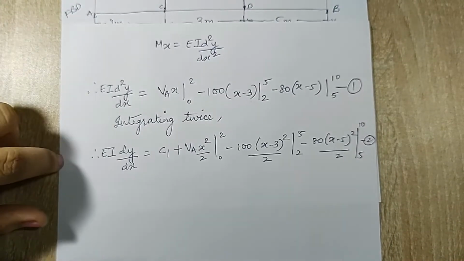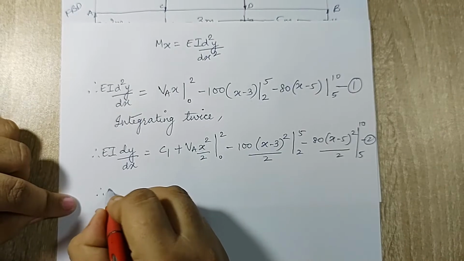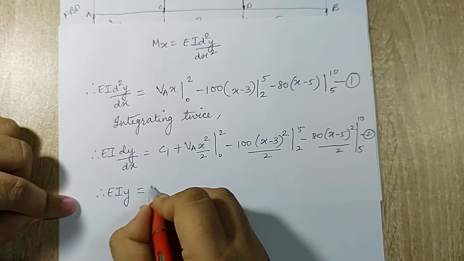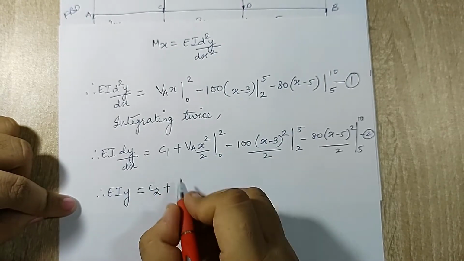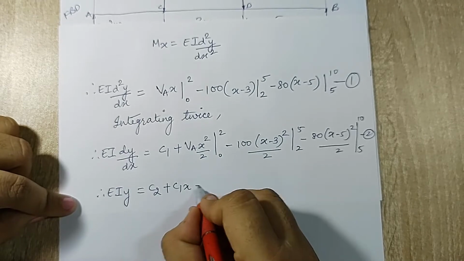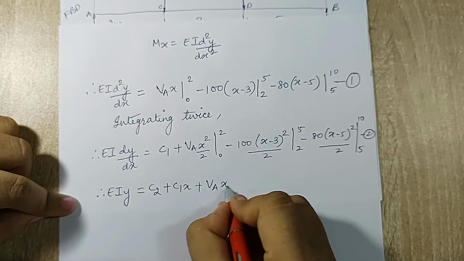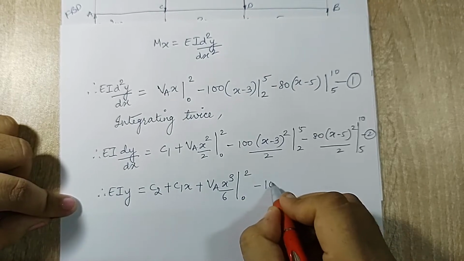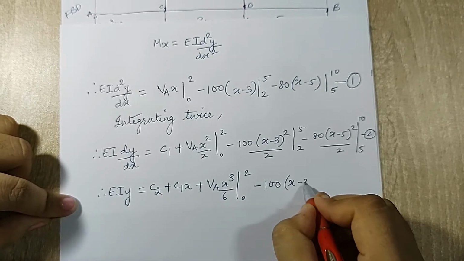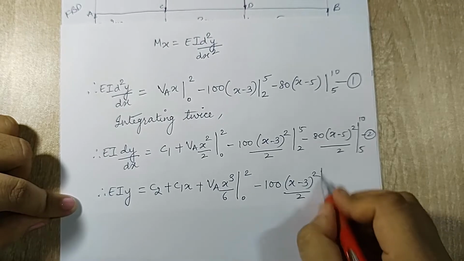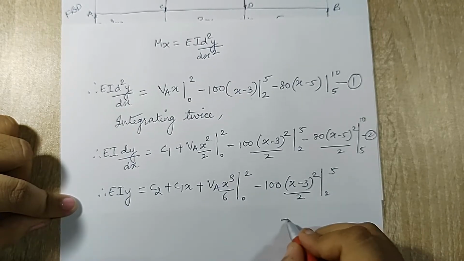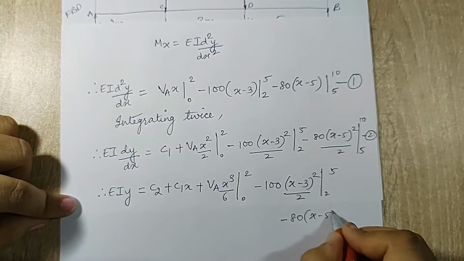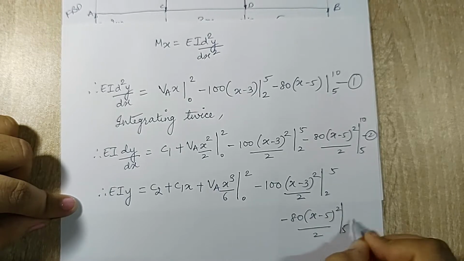When I integrate this equation further, I get EI y is equal to C2 plus C1 x plus VA x cube upon 6 from 0 to 2, minus 100 into x minus 3 cube by 6 from 2 to 5, and last is minus 80 into x minus 5 cube by 6 from 5 to 10.